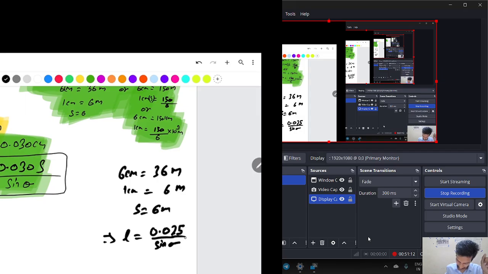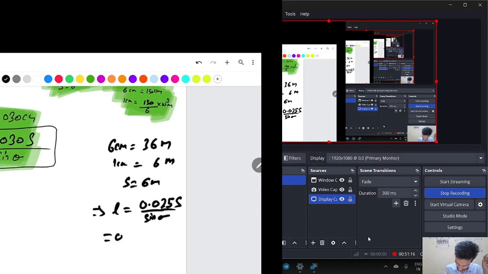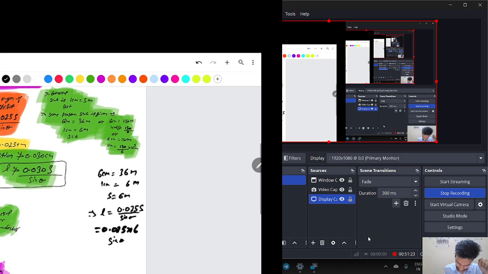0.025 S. 0.025 as the S value is 6 sine theta.